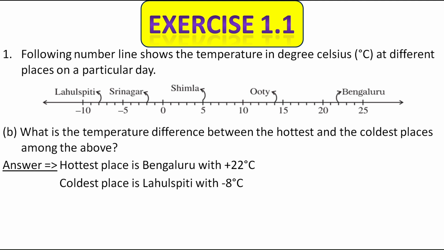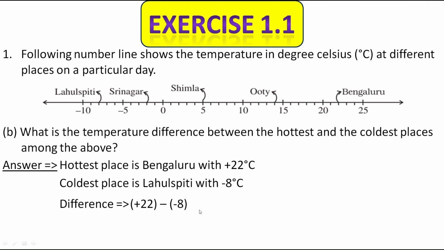So to find the difference we first write plus 22 degrees, then minus of minus 8. I have to write it this way. Now before this bracket we have a minus sign.